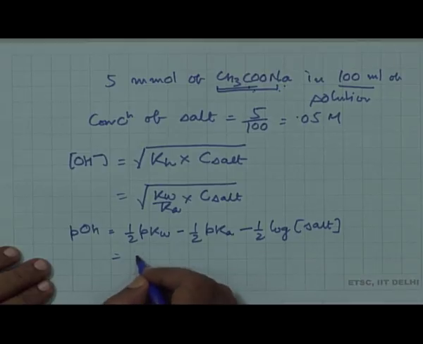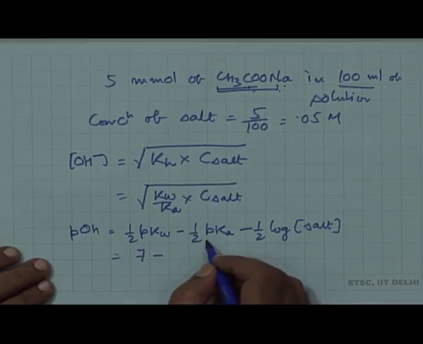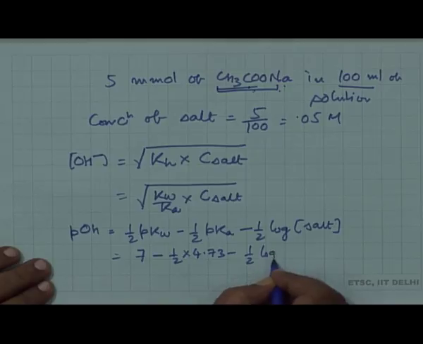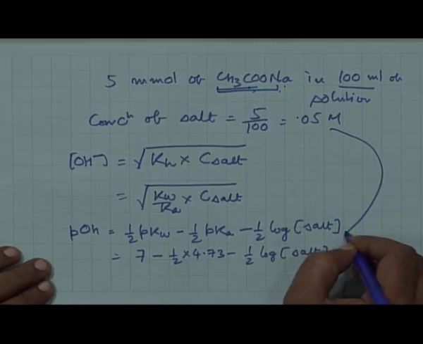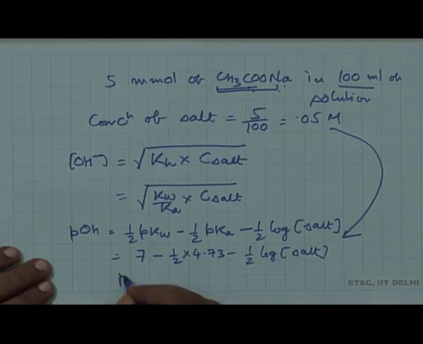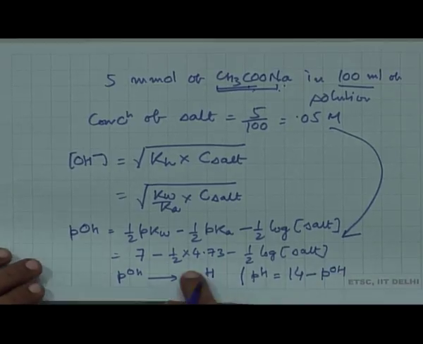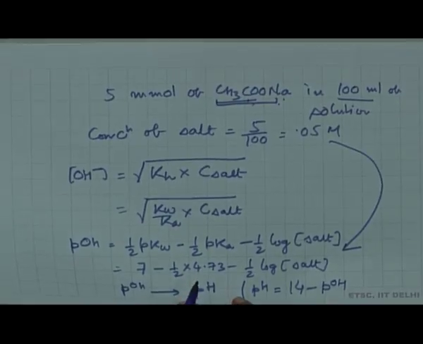This is 7 minus half into 4.73 minus half log of the salt concentration, which is 0.05. Just put it here, you will get pOH, and from pOH you can calculate pH. pH is equal to 14 minus pOH. This is the way you can calculate it.